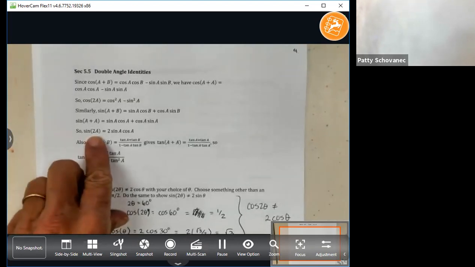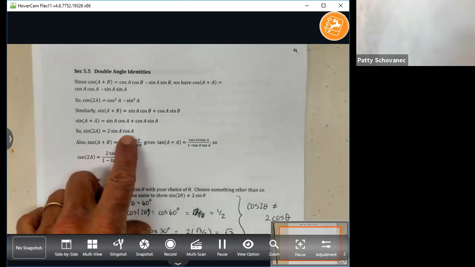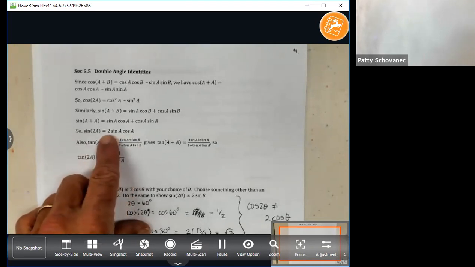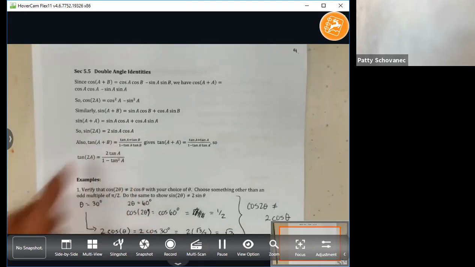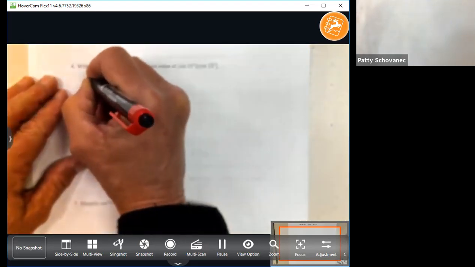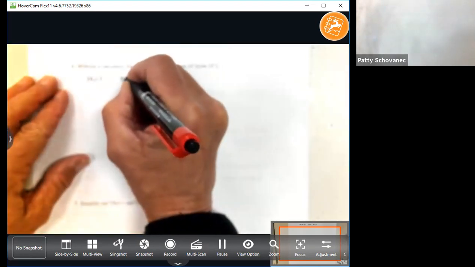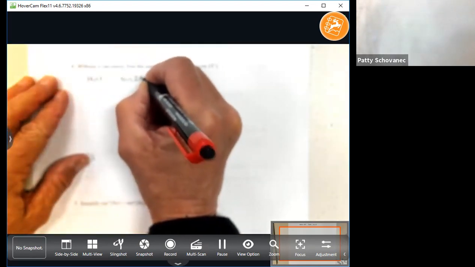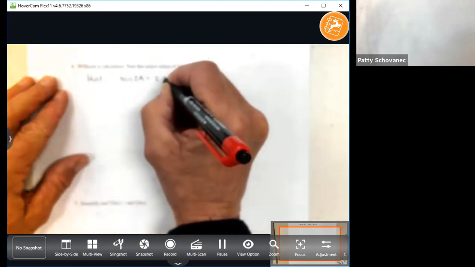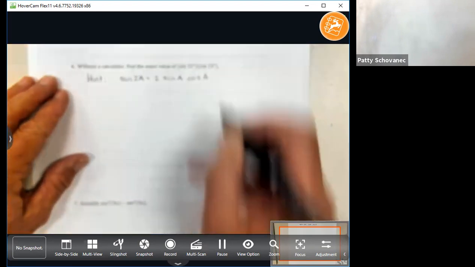The sine of twice an angle has 2 times the sine of the angle, the cosine of the angle here. I'm just missing the 2. So that's my hint. The sine of twice any angle is 2 times the sine of an angle times the cosine of the angle.